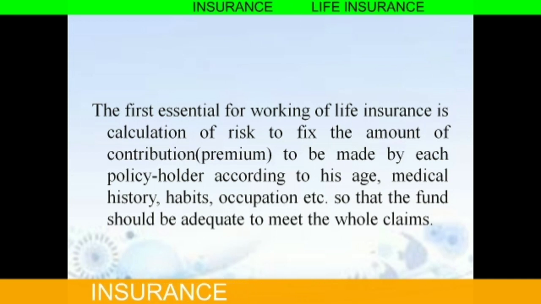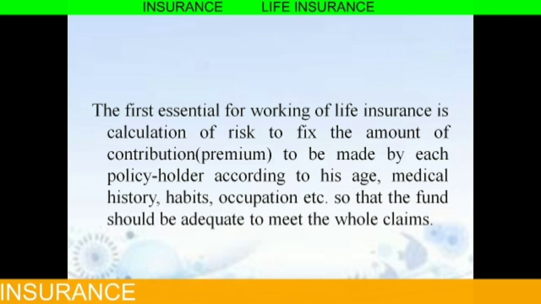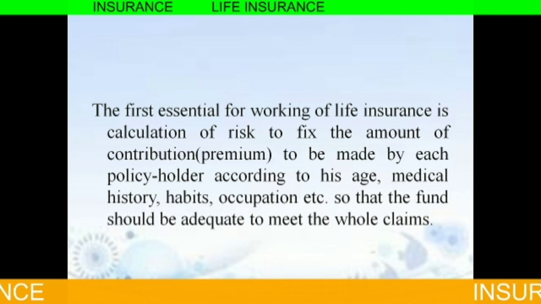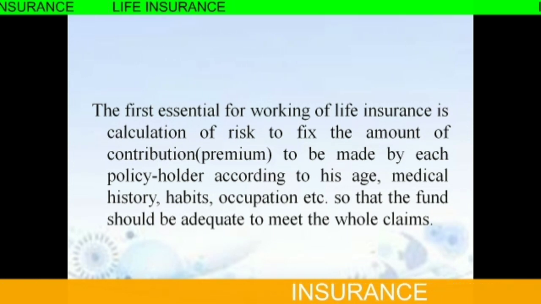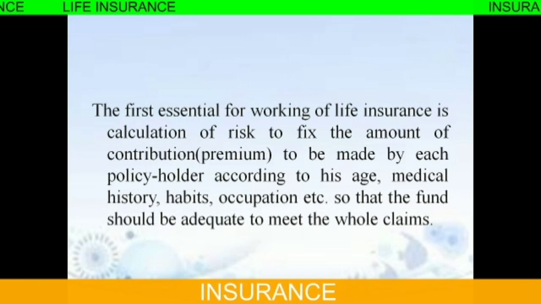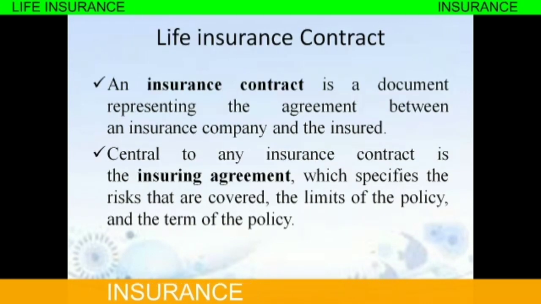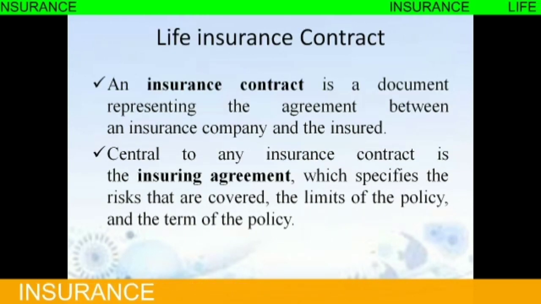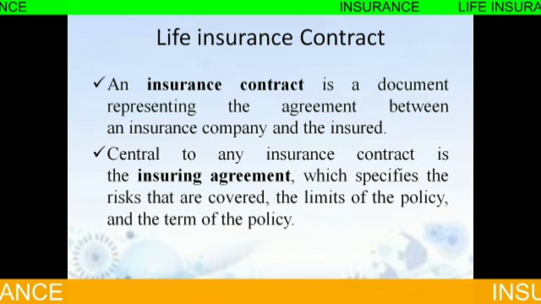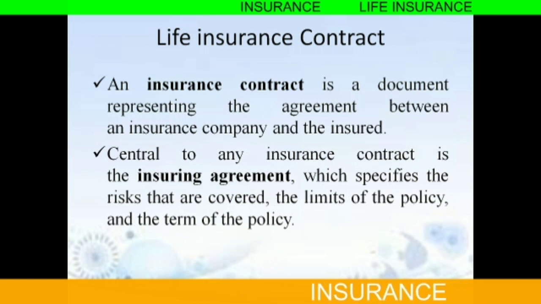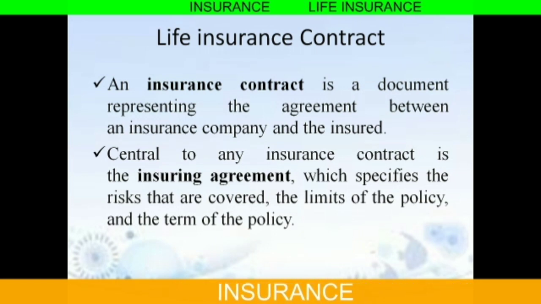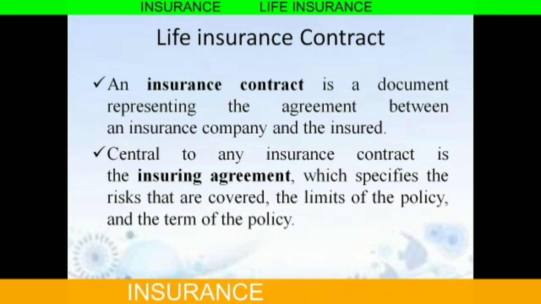So taking a policy is based on certain parameters like age, habits, occupation, etc. Based on these he is taking the policy, and it is a contract. Actually, life insurance is a contract between the two parties, the insurer and the insured.